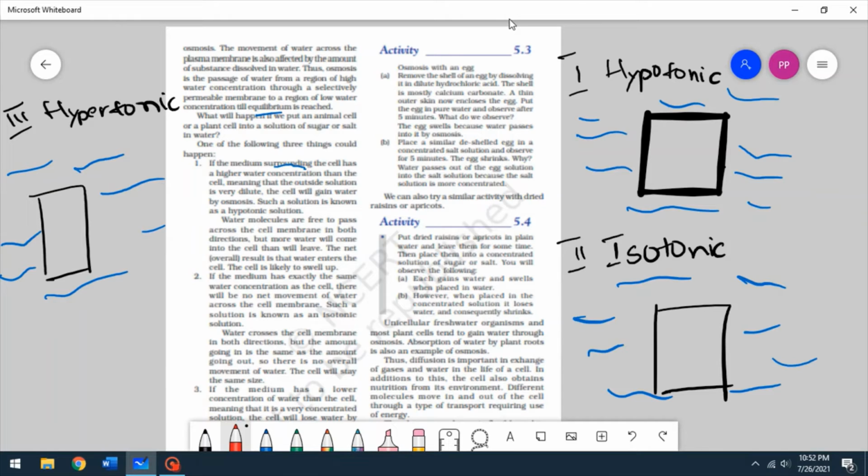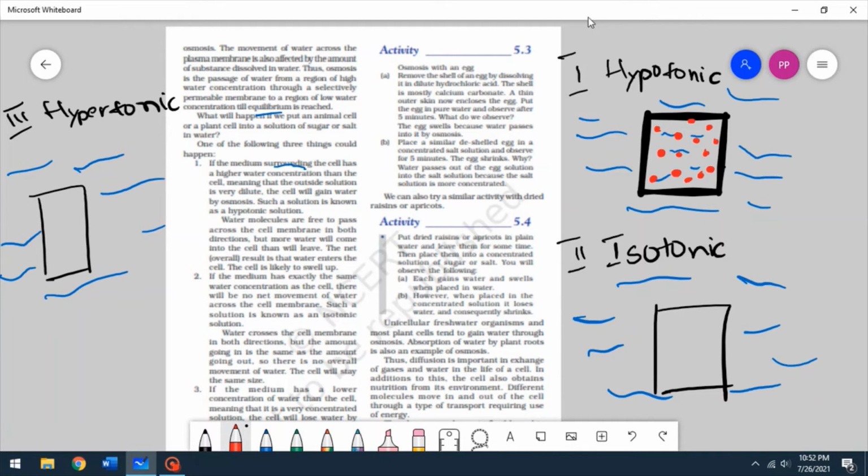Another way to put it, if this is confusing you, is that higher water concentration outside means there is lower water concentration inside, right? Why is that? Because there are higher solute particles inside. I said raisin in sugar water because raisins are mostly sugary, so they have a higher concentration of solute.